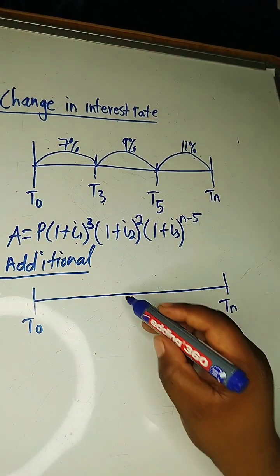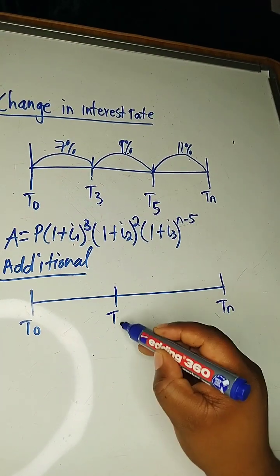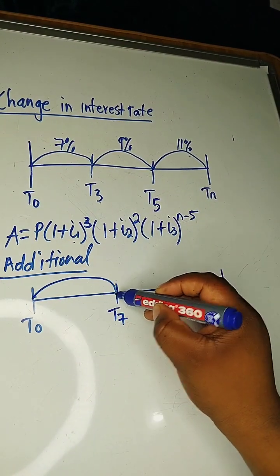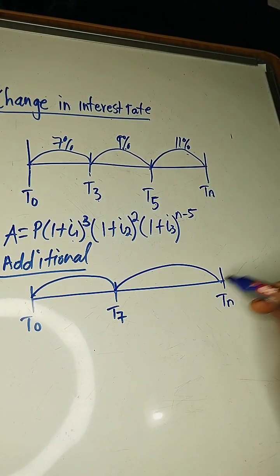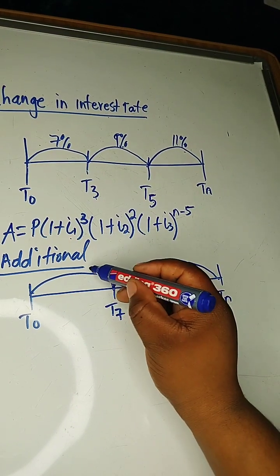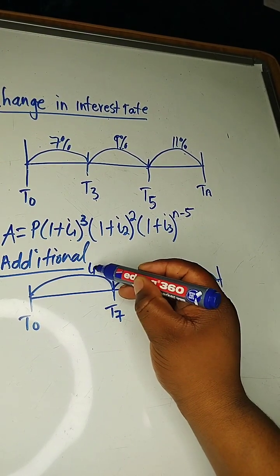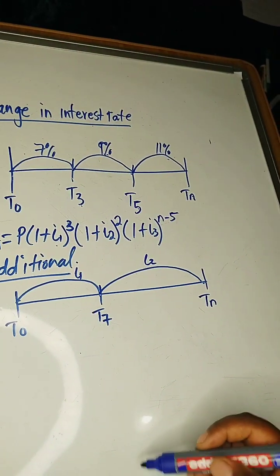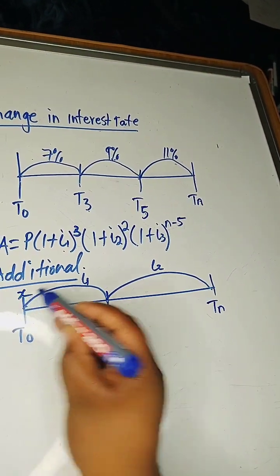Now let's say here it is T7. It changes from here to here, and then it changes from here to here. Here let's say we say I1, and then this is I2. The investment was originally here.